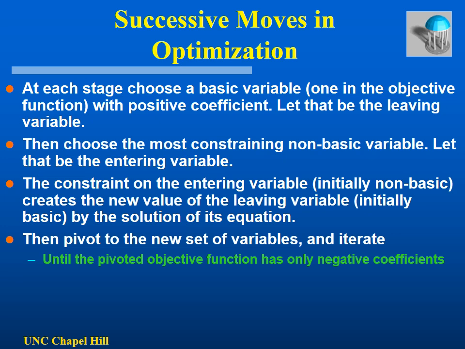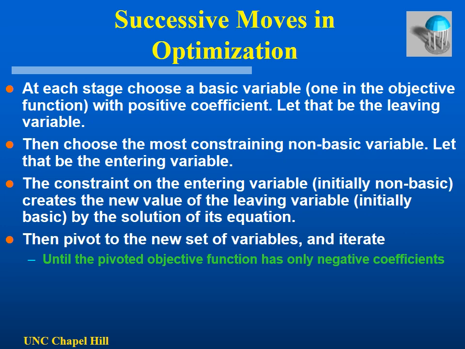And then, given that leaving variable x sub k, we find the most constraining non-basic variable by comparing the ratios of the coefficient of x sub k to the corresponding b value among the non-basic variables constraining equations. We let that be the entering variable.